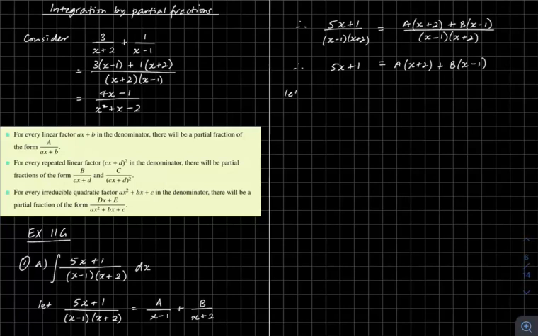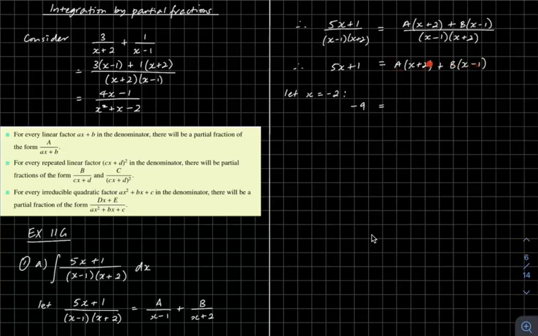So looking at the right hand side, if we were to let x equal negative 2 and then equate these, well, 5 times negative 2 on the left hand side is negative 10, negative 10 plus 1 is negative 9. And the reason for picking x equals negative 2 is that it makes this term here equal to 0, doesn't it? So I can pick x equals negative 2, and after I've equated them, then I'll do another one where x is equal to 1, and that'll eliminate this term.